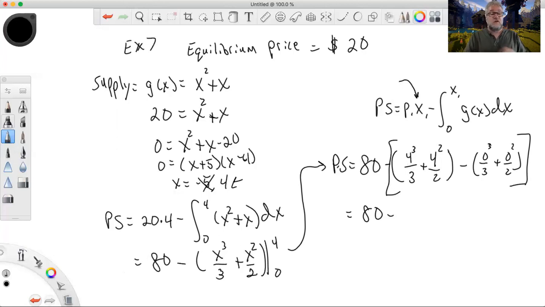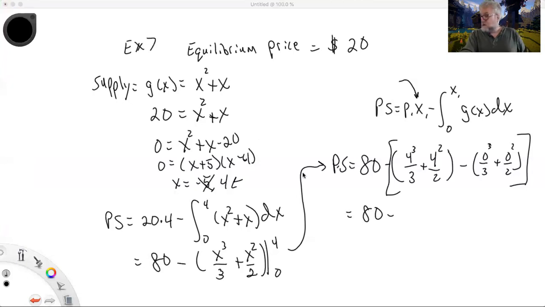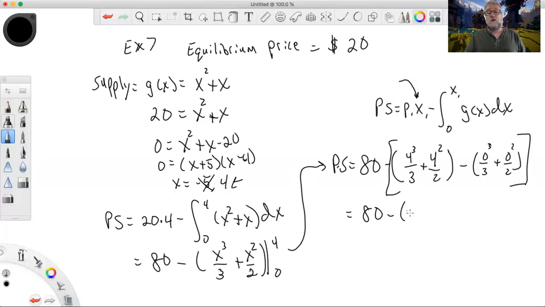Let's get our calculator out. 4 times 4 times 4 divided by 3 equals 21.33, minus 16 over 2 is 8.